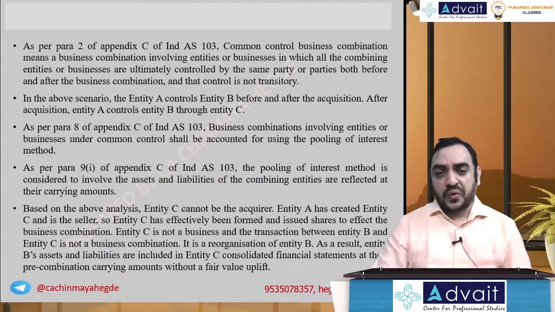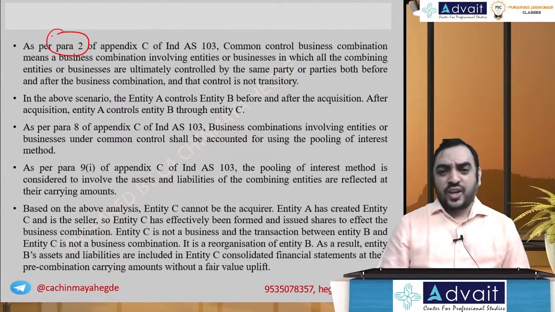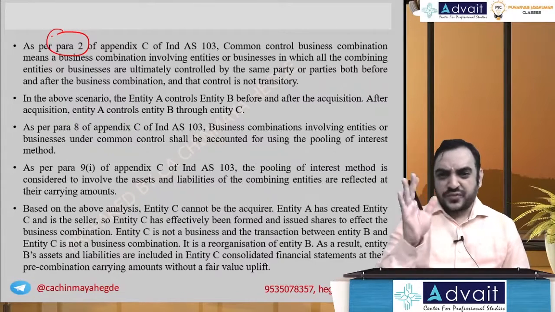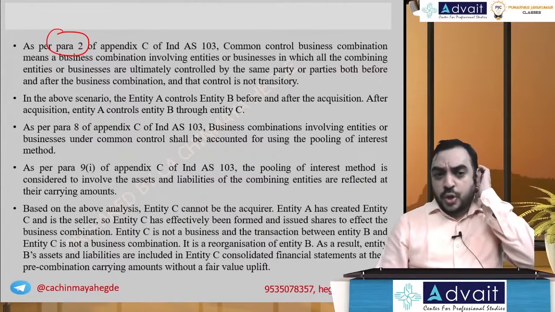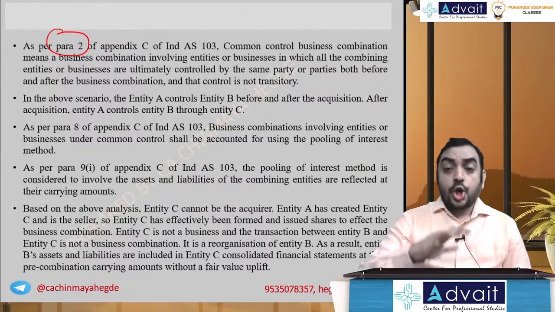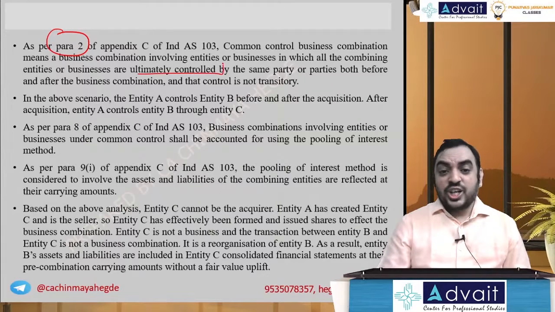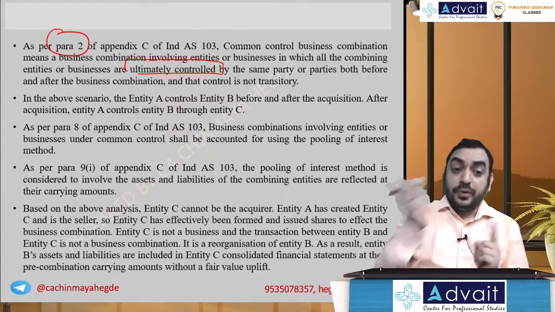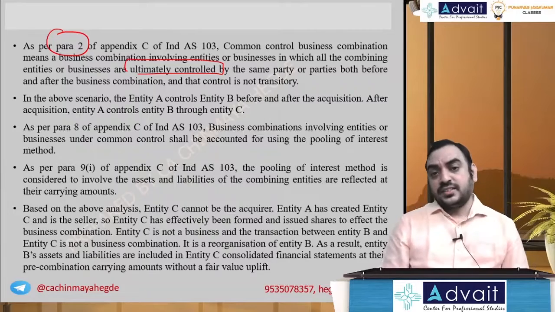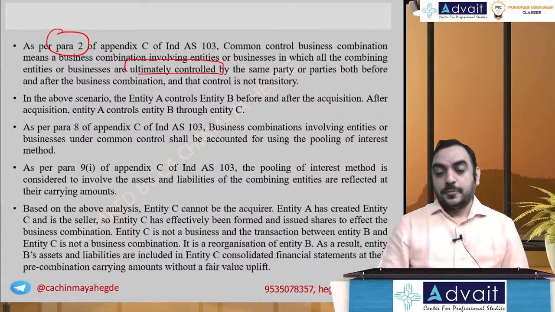You know the facts already. As per para 2 of Appendix C of Ind AS 103, in the exam you don't have to mention the para number and all. You just mention Ind AS 103, which is sufficient. Common control business combination means a business combination involving entities or businesses in which all combining entities or businesses are ultimately controlled by the same party or parties both before and after the business combination, and the control is not transitory.